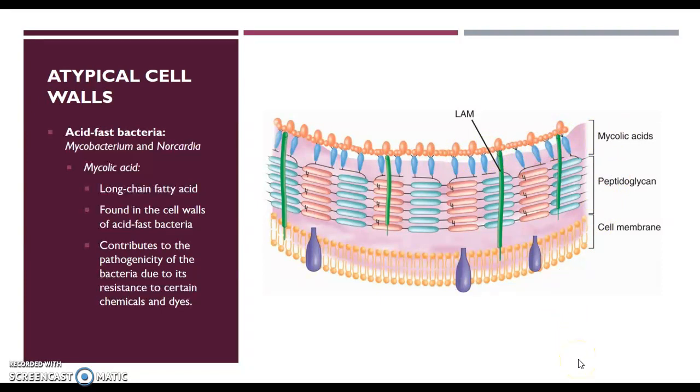And these are only found in the cell walls of acid-fast bacteria. And mycolic acids increase the pathogenicity of these organisms because they are resistant to certain chemicals and certain dyes that might impact other cell walls.